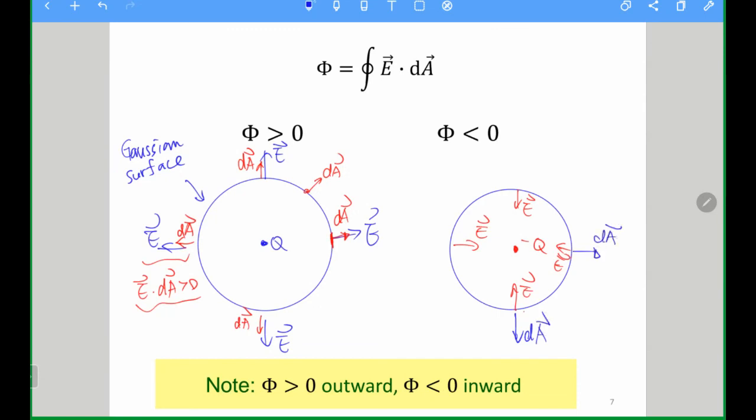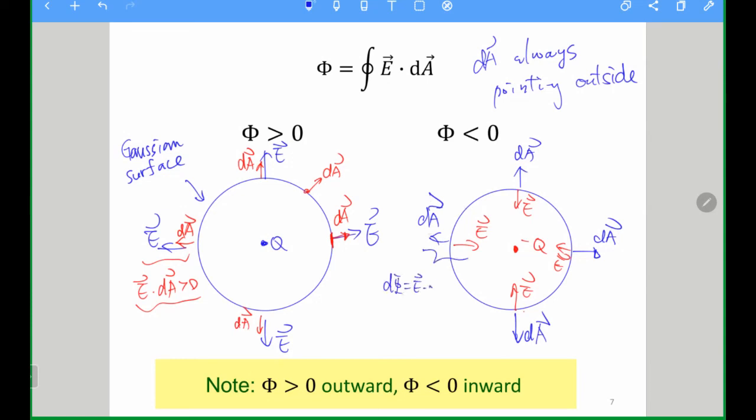It doesn't relate to the charge; dA is always pointing outward. So you can see dA and E point in opposite directions, so d phi equals E dot dA is a negative value.